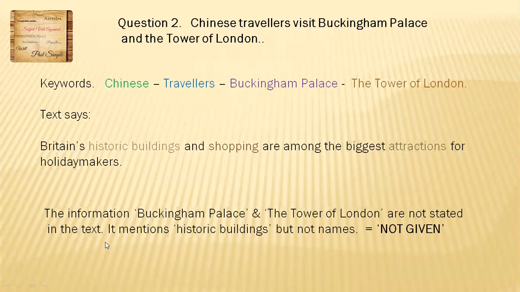In the text, it mentions historic buildings, but not names. There are many other historic buildings in London, so we don't know if people visit these 2 in particular. We know they do visit historical buildings, but we don't know for sure. So that has to be also not given.